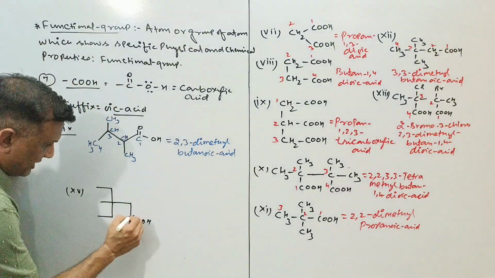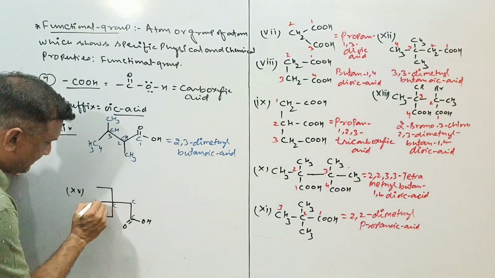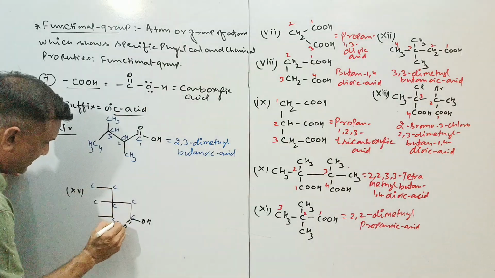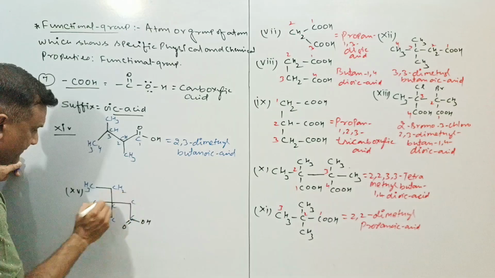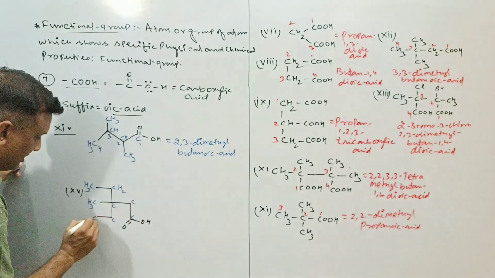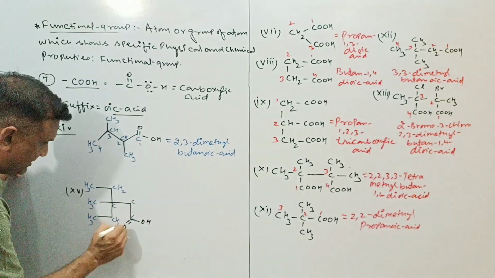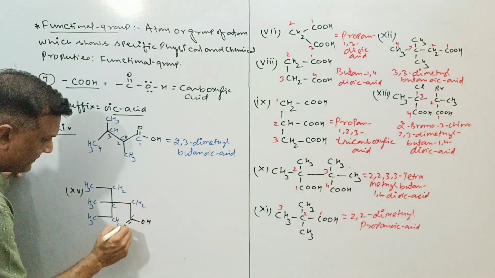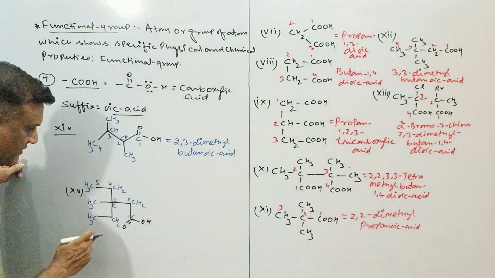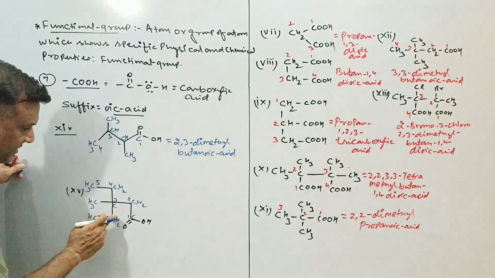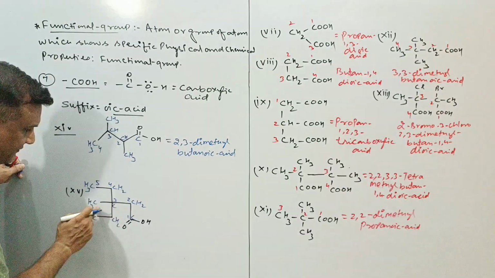For this, it will be carbon, carbon, carbon, carbon, carbon and carbon. This is CH3, CH2, all are balanced, CH3 and CH2, and here will also be CH2. Counting 1, 2, 3, 4 and 5. On number 3 carbon atom there is one ethyl and one methyl.